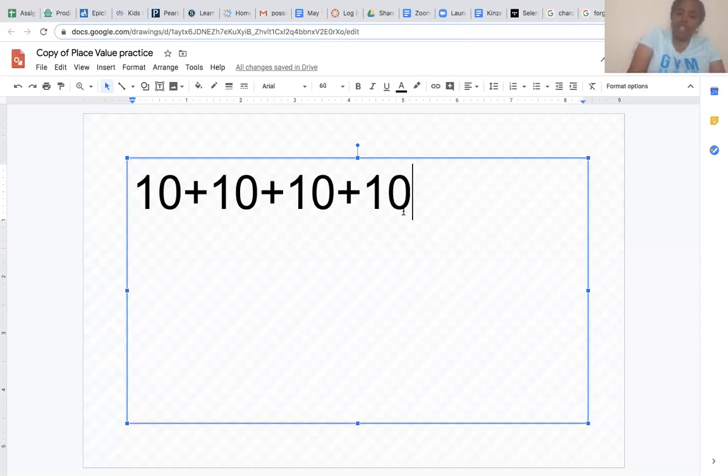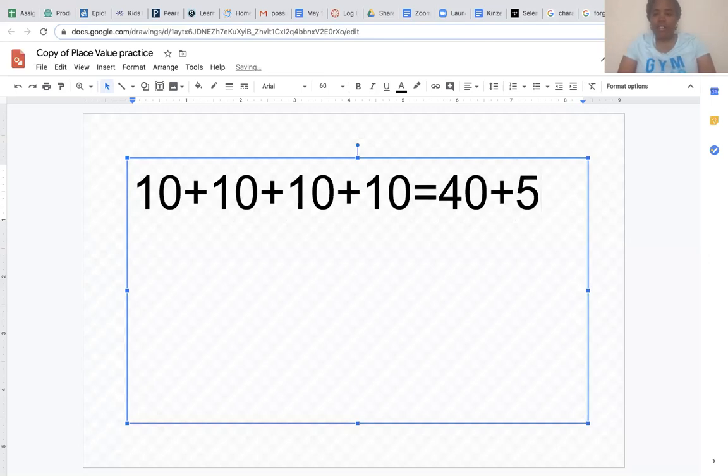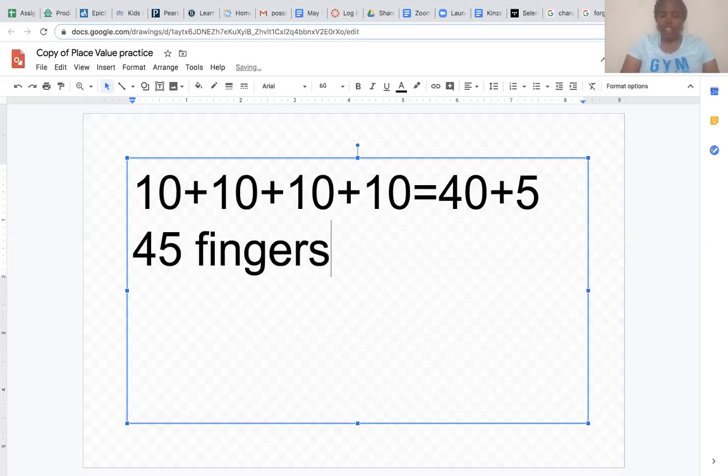That equals a total of 40 fingers. And then I added 5 more. 40 plus 5 more equals, if we count on, 40, 41, 42, 43, 44, 45. That gives us a total of 45 fingers in all.